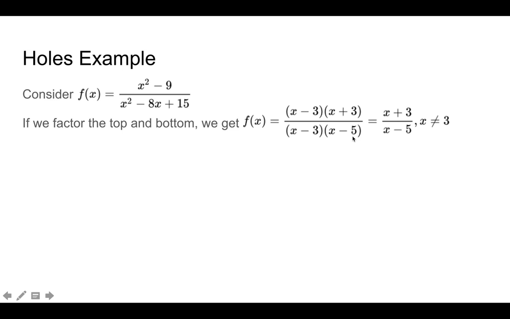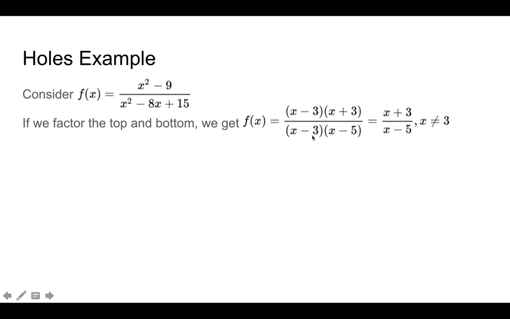So if I cancel that out, I just get what's left over, x plus 3 over x minus 5. But these aren't really exactly the same function. If I cancel that out, remember, you're not allowed to cancel out 0. 0 divided by 0 is not 1. So this equal sign right here is only true as long as I'm not using x equals 3.